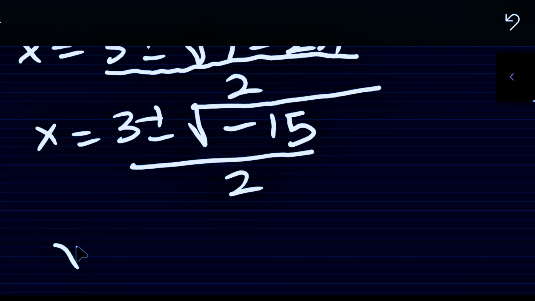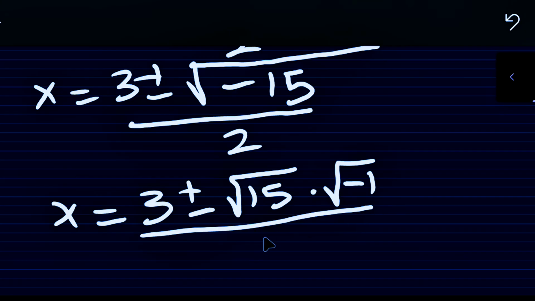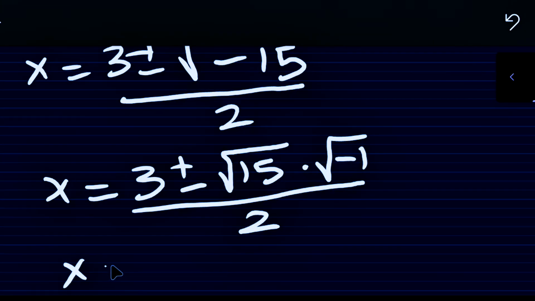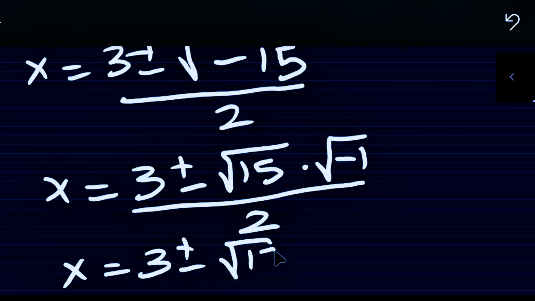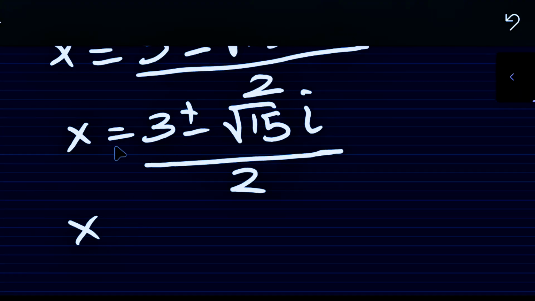So x is equal to 3 plus or minus square root of 15 times square root of minus 1, and everything will be divided by 2. So x is equal to 3 plus or minus square root of 15 i, because square root of minus 1 is i, an imaginary number, and we divide this by 2.